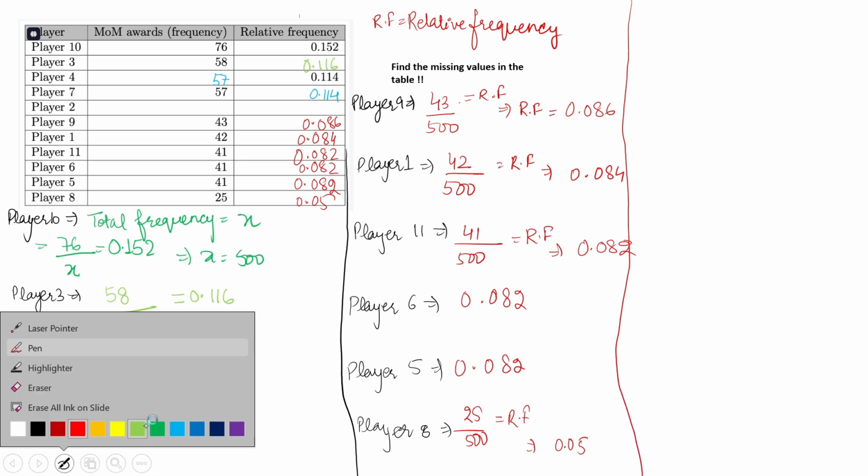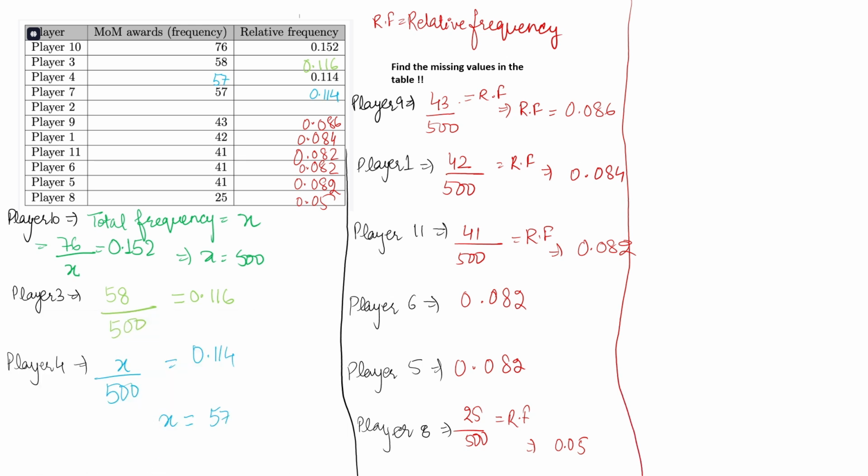So now for player 2, we know we have 500 as the total frequency. Let player 2 be x.